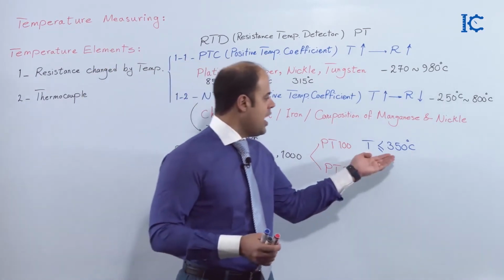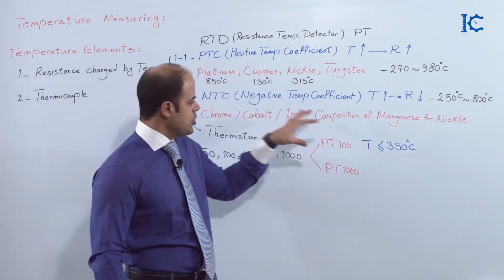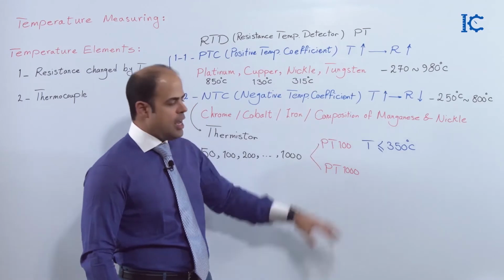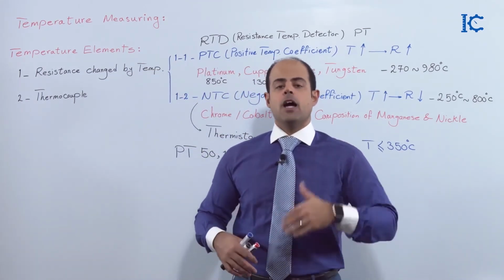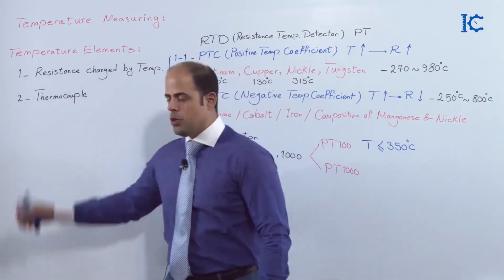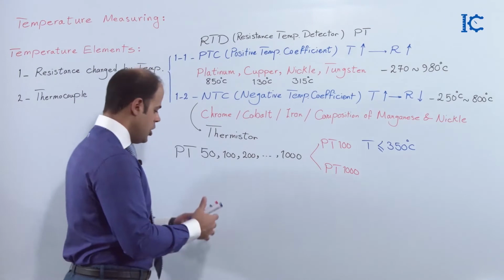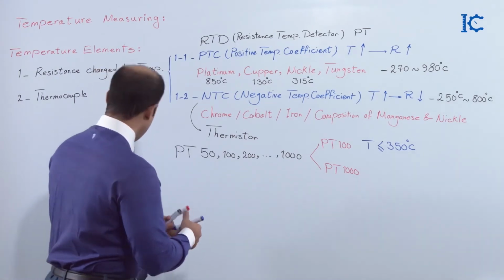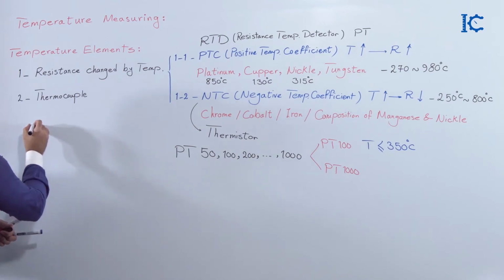When the temperature is less than this amount, you concentrate on using this element, and when you want to measure a higher temperature, the thermocouple is going to be the best solution.